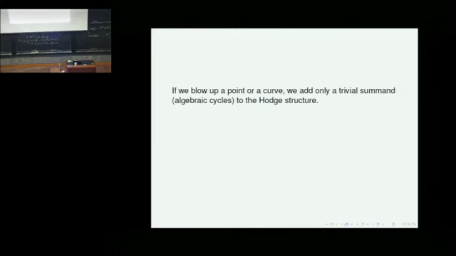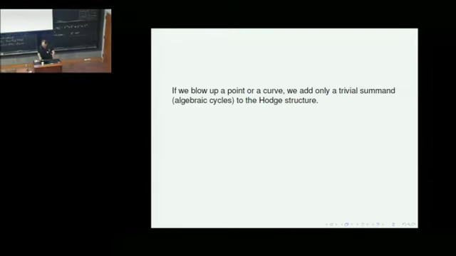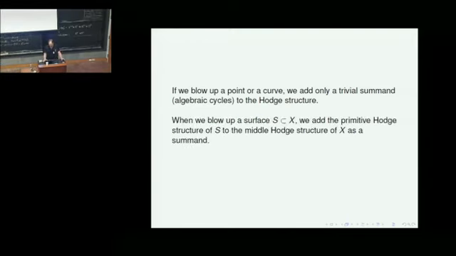And the one extra class lives in H2,2. So basically, the new Hodge structure is just the direct sum of the original Hodge structure with this trivial one-dimensional Hodge structure. And the same thing is true if we blow up a curve. We're not going to get anything interesting in the Hodge structure.